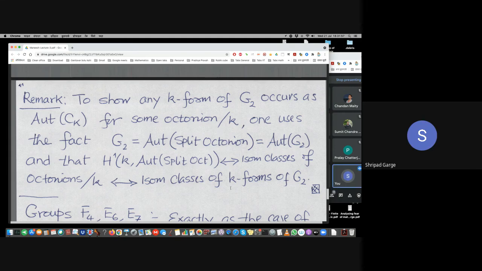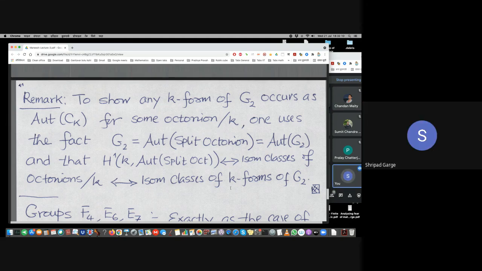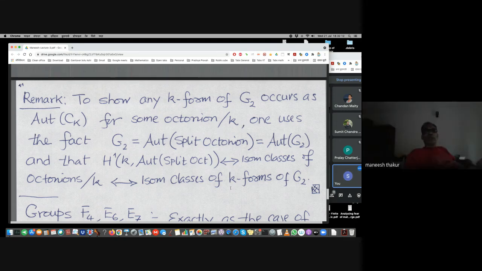But how do we know that this automorphism group of that algebra is the group we started with? No, because you're using the same cocycle. So these equalities are actually natural isomorphisms, you have to write them down. The same cocycle will tell you that the fixed points of automorphisms of split octonion by that action is equal to automorphisms of the fixed points.